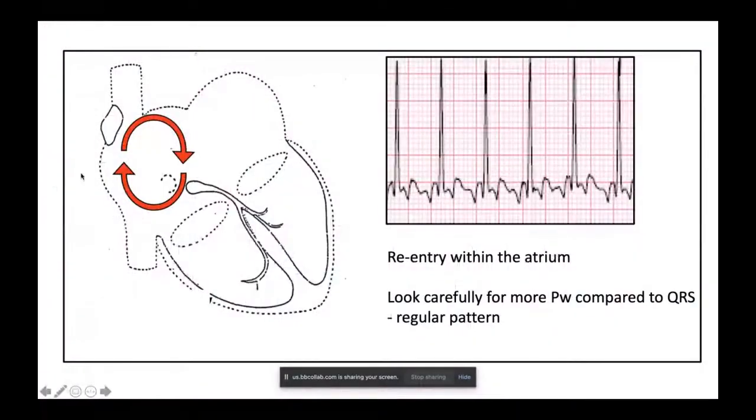And when you give adenosine to a patient in atrial flutter, so atrial flutter is a reentrant circuit, we talked about it within the atrium. Adenosine blocks your AV node right at the junction. This is where adenosine acts. It usually does nothing to the atrium. So when you give adenosine and it blocks the AV node, all of the flutter waves that were going down to the ventricle can now no longer go down to the ventricle.